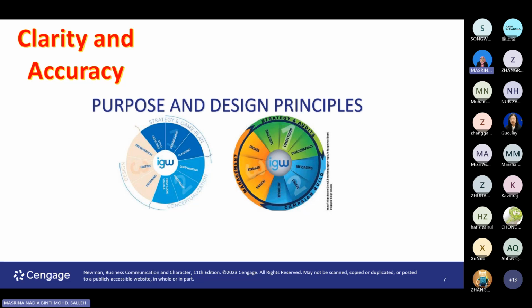So instead of coming out with very lengthy information, very lengthy wording to describe the services that they're offering, they just come out with a very clear and accurate visual format. Okay, so that is the first principle.